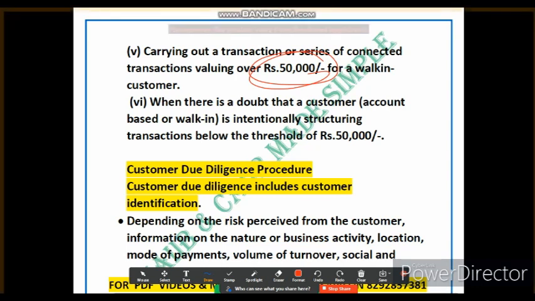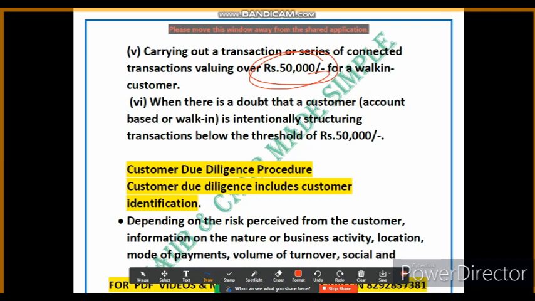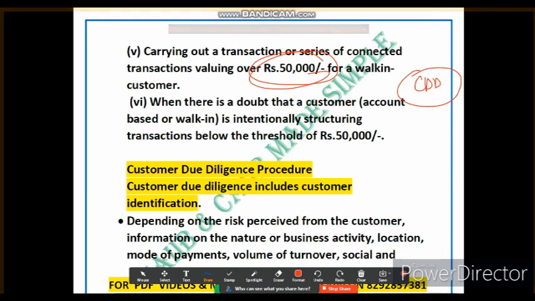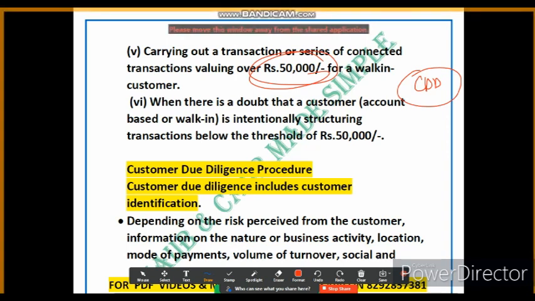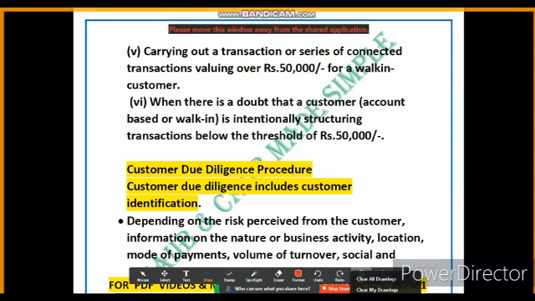Suppose a customer walks into a bank branch and wants to deposit or withdraw an amount exceeding rupees 50,000, or conducts multiple transactions that when combined exceed the threshold. The bank will initiate the CDD procedure. The bank will verify the customer's identity, assess the purpose of the transaction, and follow the necessary steps to comply with the regulatory requirement and mitigate the potential risk. So that's the point.